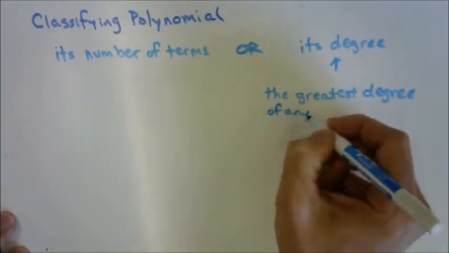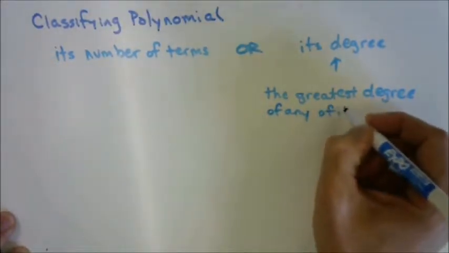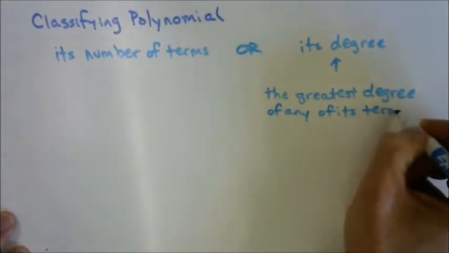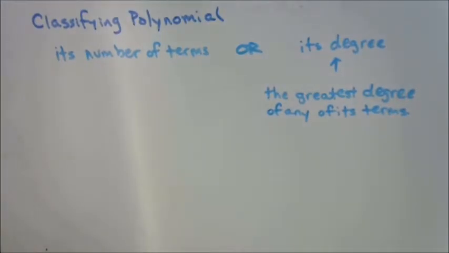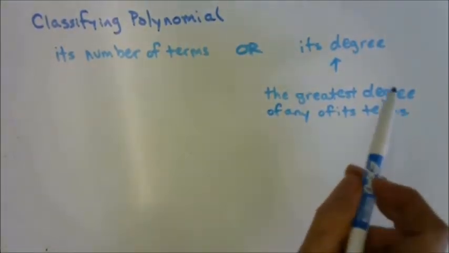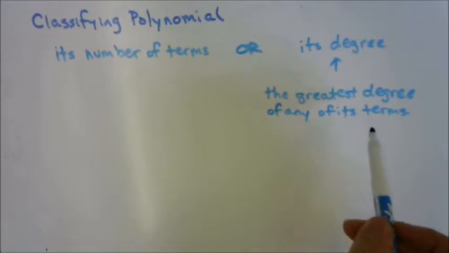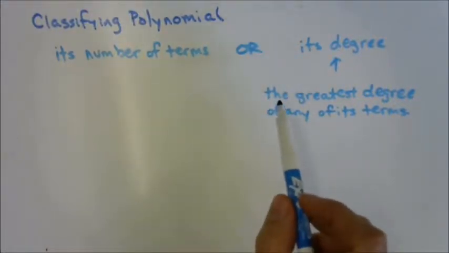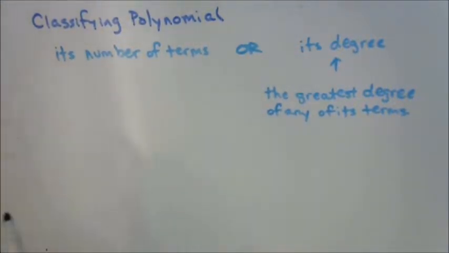So if we look at a polynomial, and it has multiple terms, we could name it after its number of terms, or we could look at each of those terms, see which term has the greatest degree, and then that's the degree of the whole polynomial. And we'll do a couple of examples as we go.